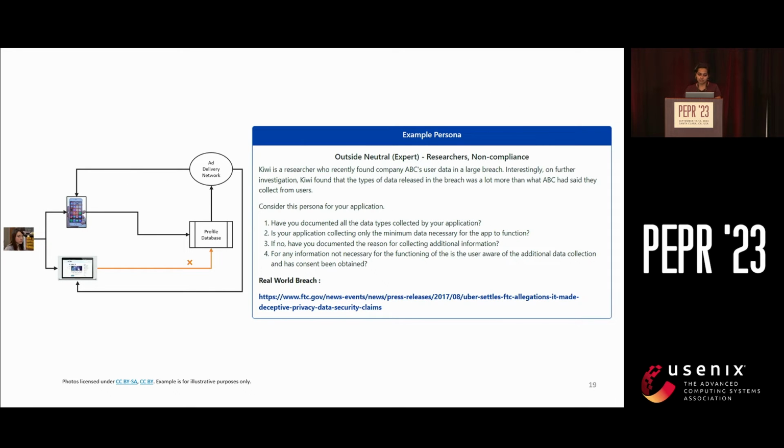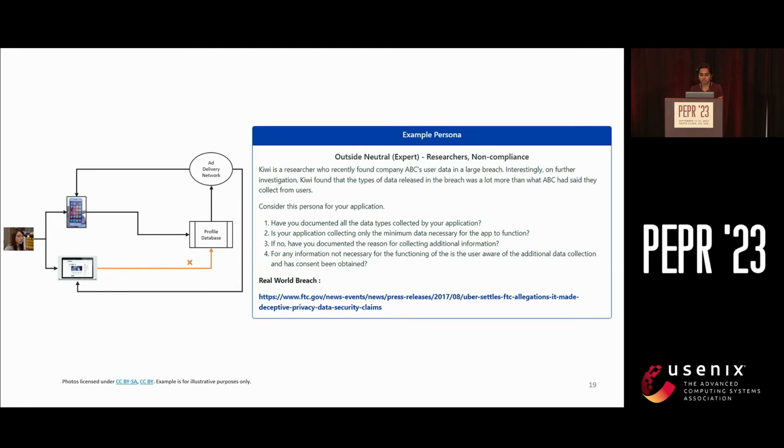So let's take a first persona. This is a broad representation of what the persona could be. In this case, April sees that from the website, when the data is going to the profile database, a lot more data is being shared than what they had consented to.